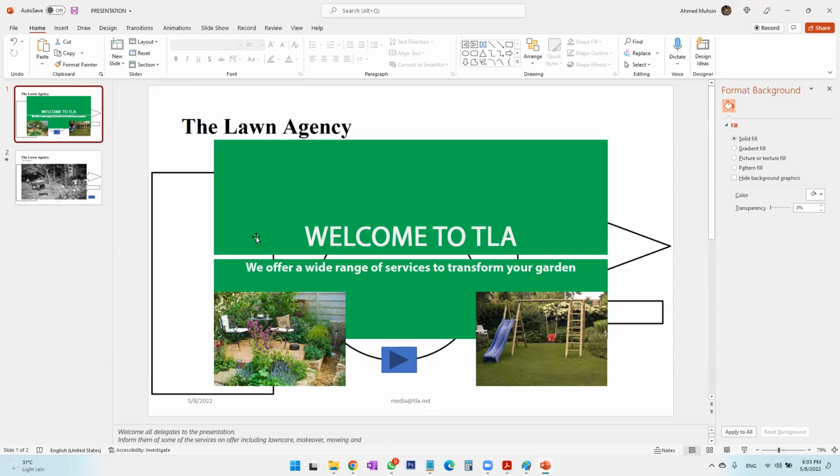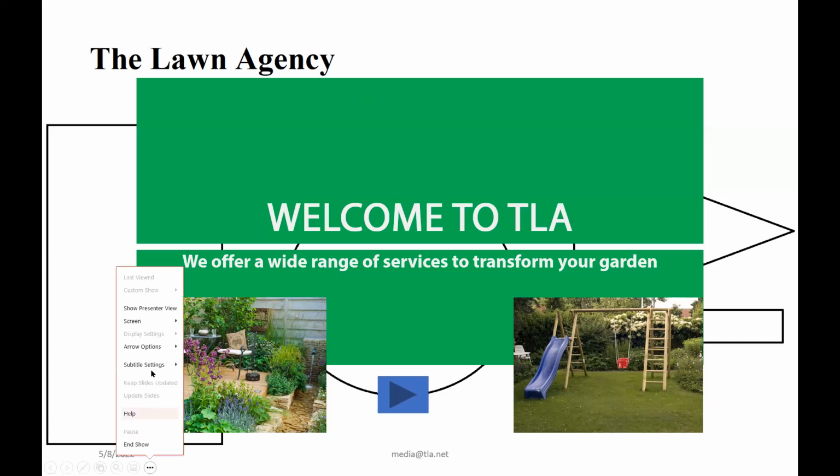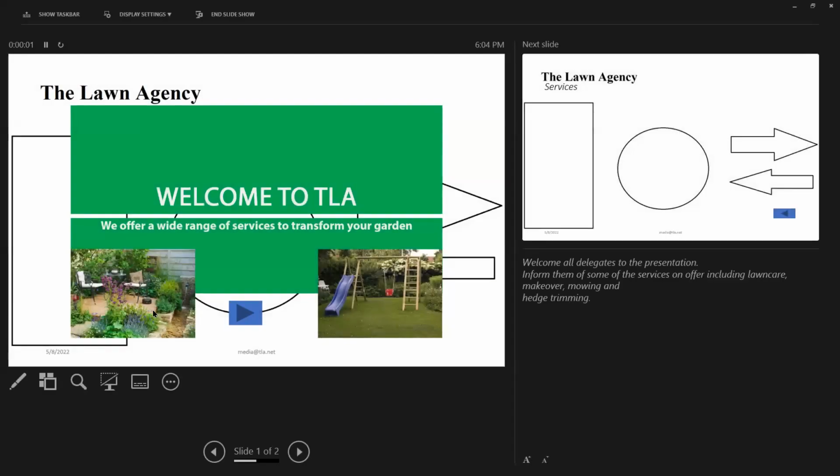Let me show you what is a presenter view. So now, look, normally, this is what the audience will see. Your audience on the projector, this is what they will see. They will see welcome to TLA. On your laptop, you can enable something called presenter view. This will only be visible on your laptop, not visible on the projector.